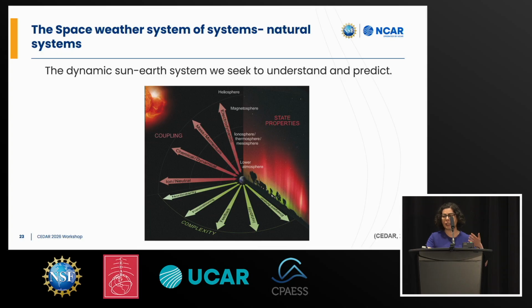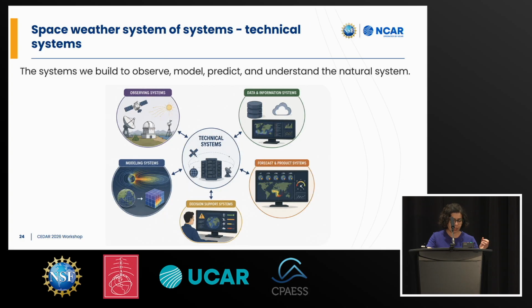But if we take a step back, we realize the natural system is only part of the larger system of systems. And so the other part of this system of systems is a technical system. And when I mention the technical system, I'm really talking about the scientific systems and engineering systems that the community is putting together in order to study, understand, observe, model, and just analyze the natural system.